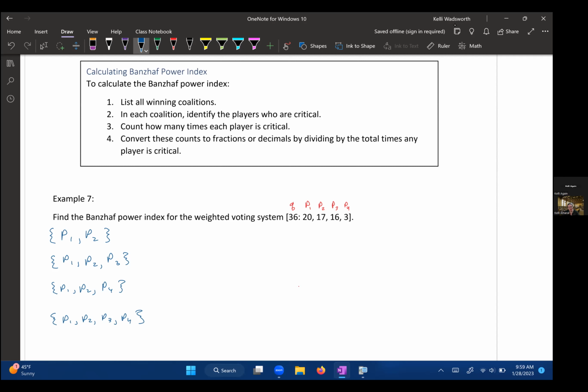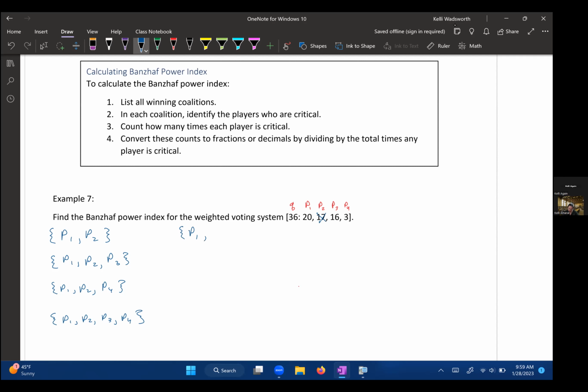Now, if you don't have player 2, can you still have winning coalitions with player 1? Let's do that. So what if we put player 1 in here, but for a minute we ignore player 2, because we've already listed the ones with both player 1 and player 2. So what about just player 1?